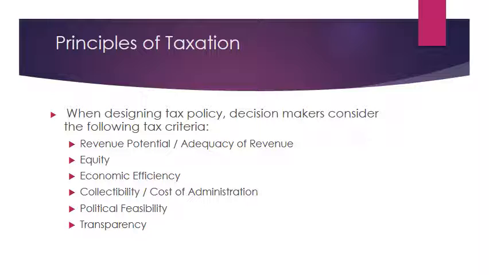The cost of administering the tax, or the cost of collecting the tax, the political feasibility of certain taxes, so whether we can actually implement those taxes or whether we can reform or introduce new taxes, and finally transparency, the transparency with which the taxation is being implemented. And we are going to go into these six criteria in much more detail.